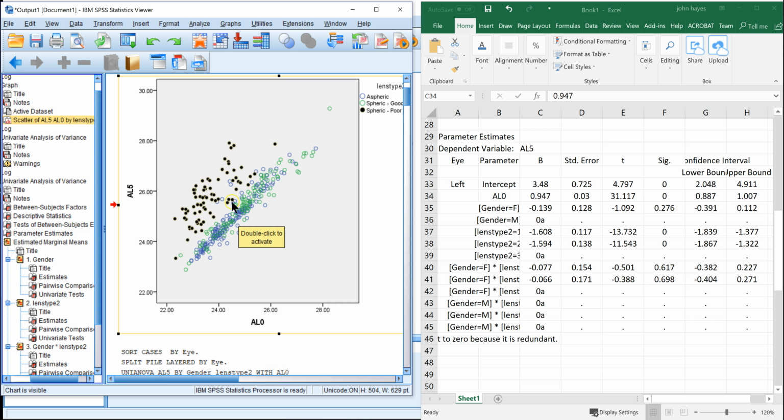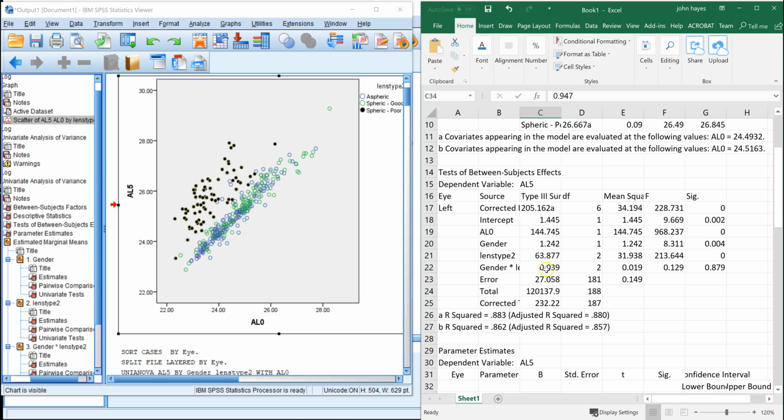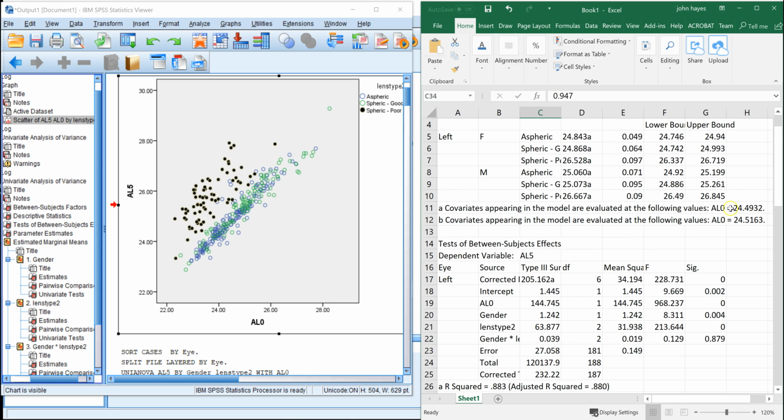Now, these guys are actually a little smaller, but overall we get one value at a particular mean of the baseline values. So in the case of what we're looking at here, the mean baseline is 24.4. So if we look at 24, there's 25, 24.4 is about there. So what is the mean aspheric, good spheric, and bad spheric at 24.4?